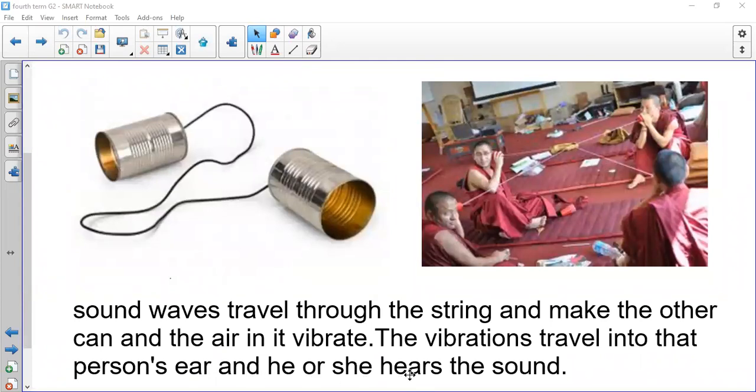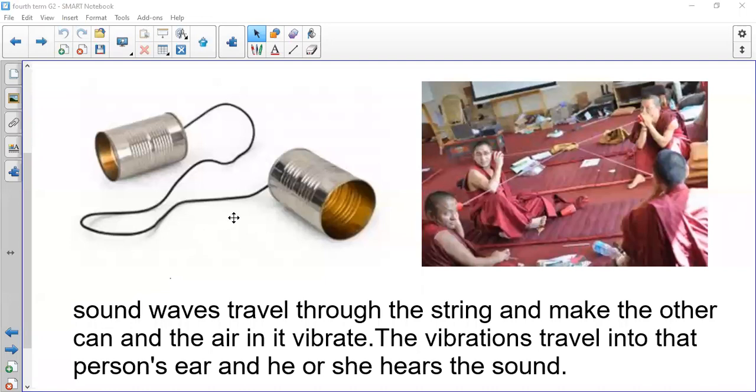So here, from the first can, someone is talking, right? So you are talking, you are saying hello, whatever you are saying. Once you speak or you say a word, the sound wave will travel through the string, and the string itself is a solid.